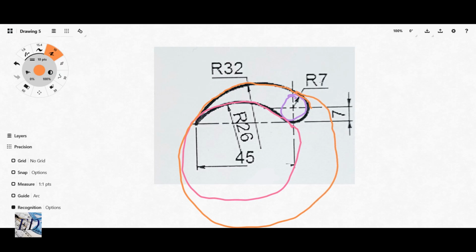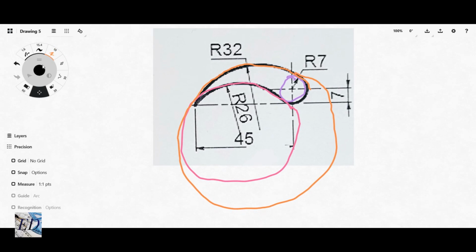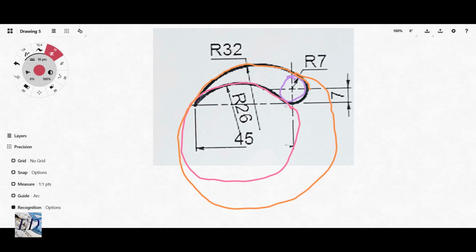If you have a look, we have our first circle here of radius 7 millimeters, and it touches the big circle with radius 32 at exactly one point here.